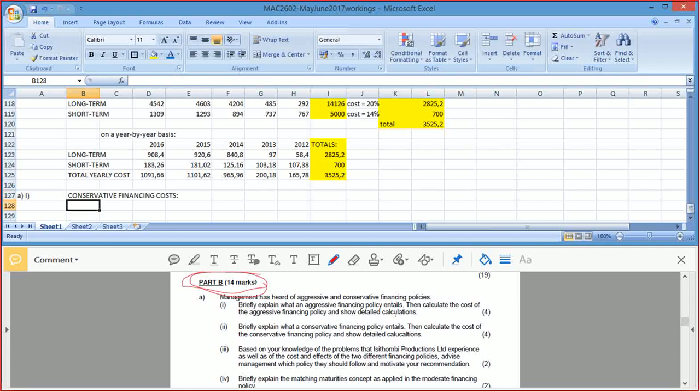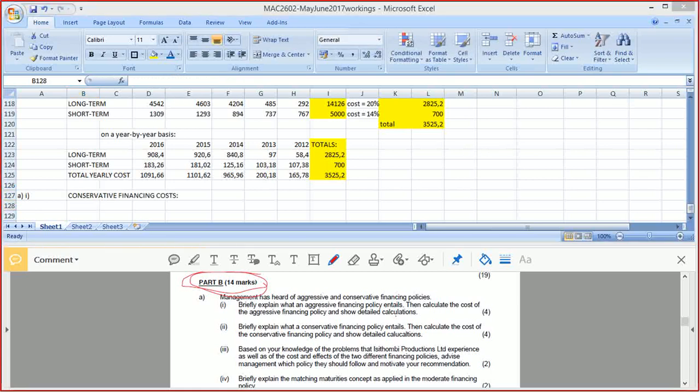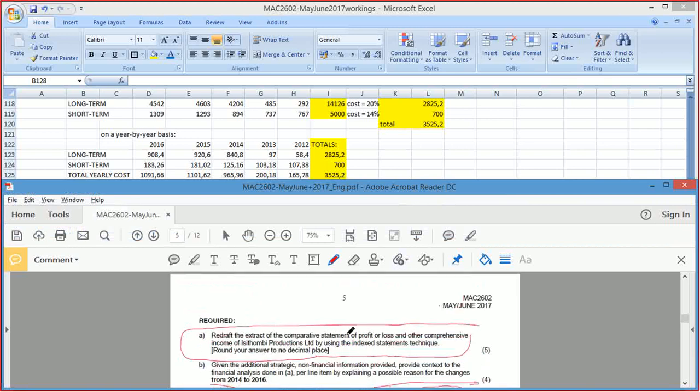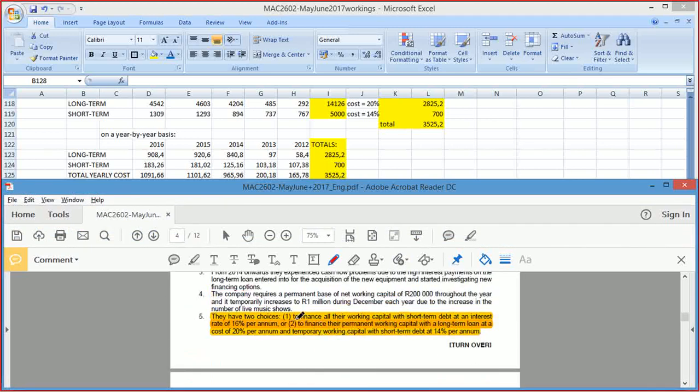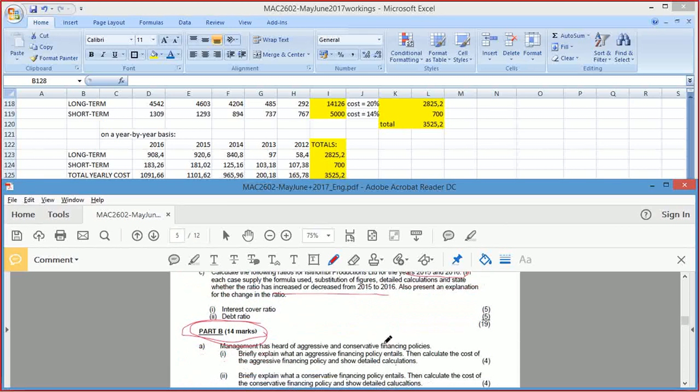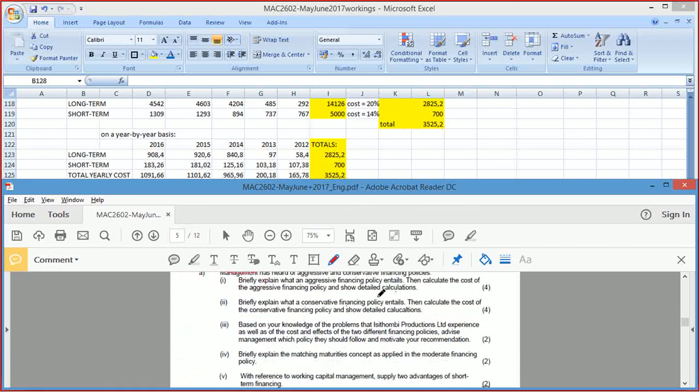Okay, so conservative is going to be using what? Permanent everything. Do you agree? Yes, sir. That's what they said in the question. Where is it? Here it is. They have 2 choices. Option 1, to finance all their working capital with short-term finance at a rate of 0. Okay, that's short-term, that's not what we're looking at. We're looking at everything long-term, because it's a conservative financing policy. Do you see that? Yes, sir.